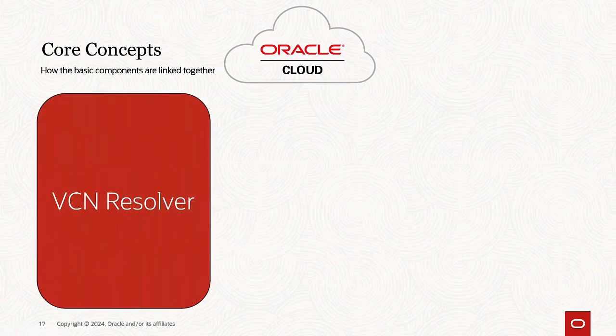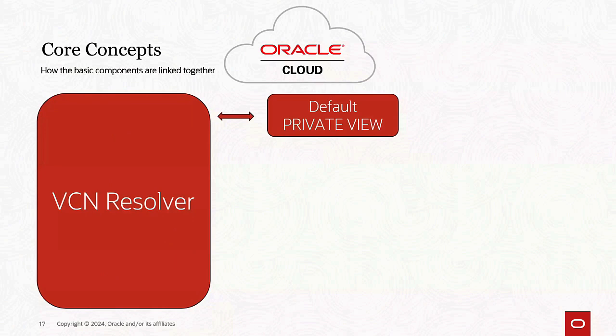All the core components are linked together in the following model. A VCN resolver is the component created automatically during the VCN provisioning. This VCN resolver will be linked automatically or manually to the following components. The default private view is the private view of the VCN created automatically during the VCN provisioning.